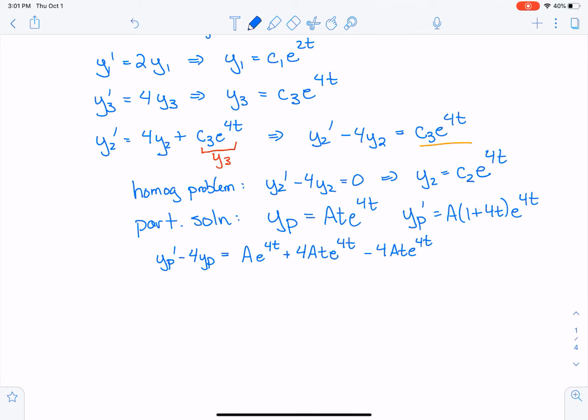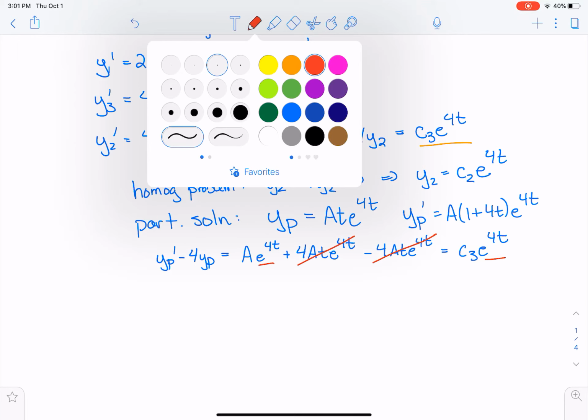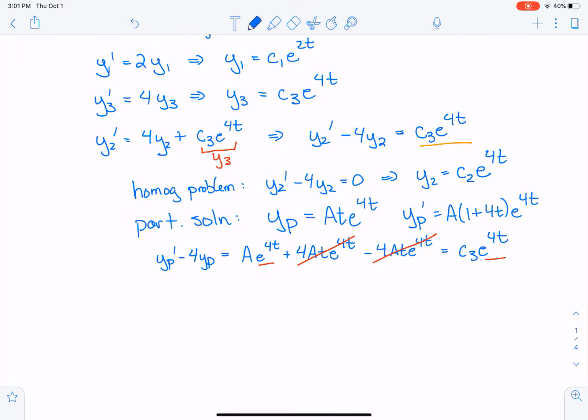And of course, when I'm done, I want to set that equal to c3 e to the 4t. You'll see that this cancels with that, and then the e to the 4t here matches the e to the 4t there. So it must be that a is equal to c3.